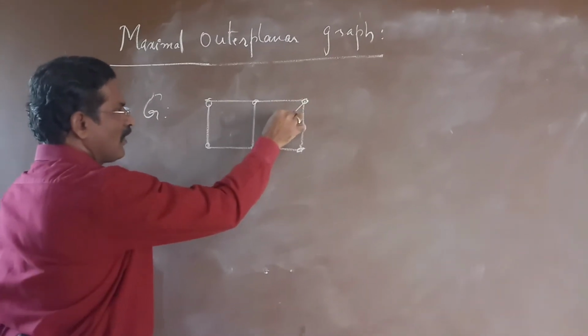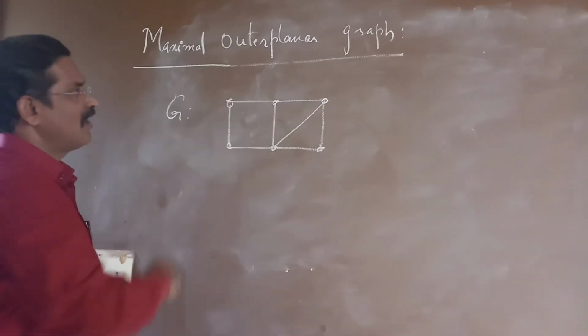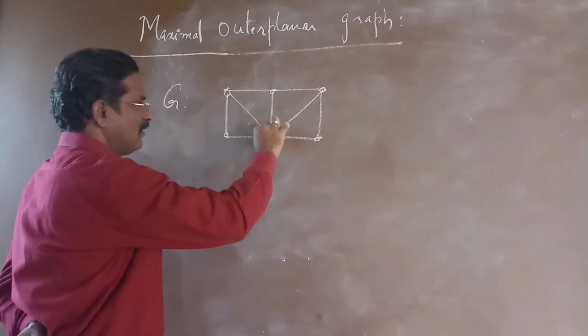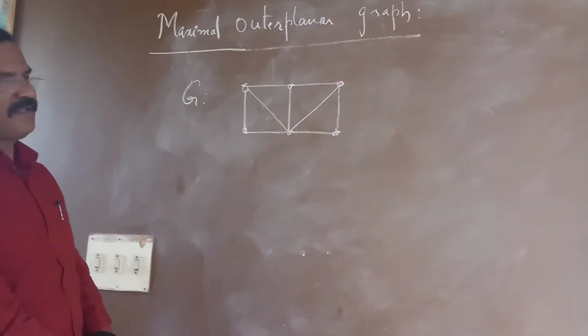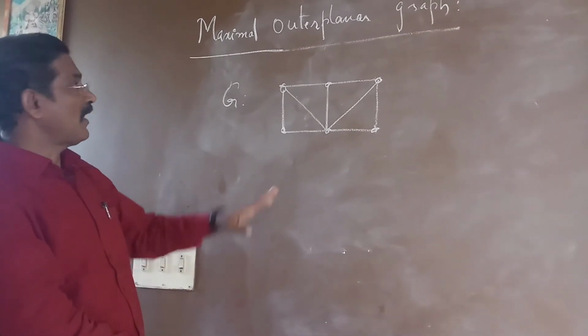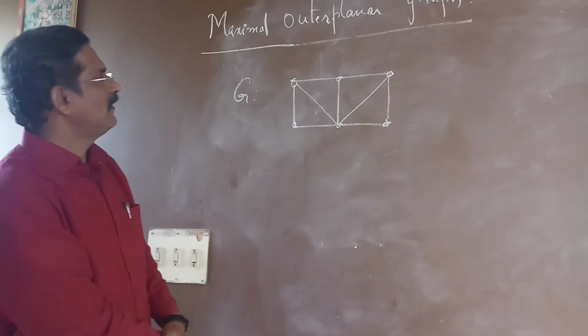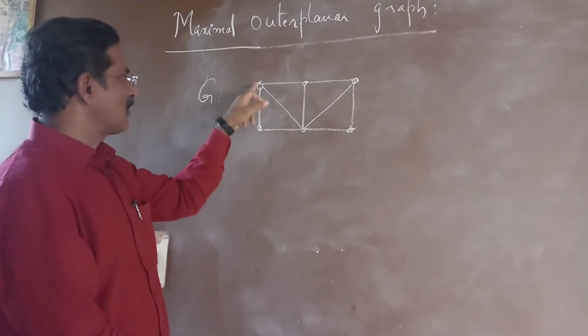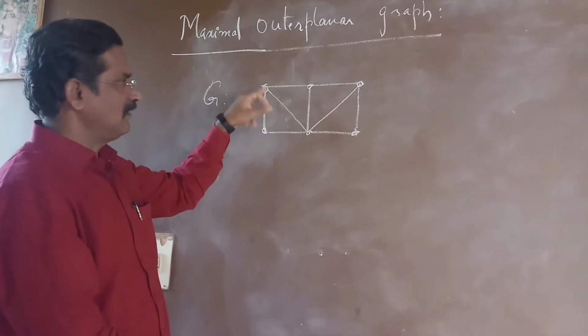Again, if we add one more edge, it is still outer planar. Now we add one more edge, and it is still outer planar. Now is it possible to add one more edge without violating the outer planarity? These are the two non-adjacent vertices. If I join them in this way, this vertex will be inside the interior region.